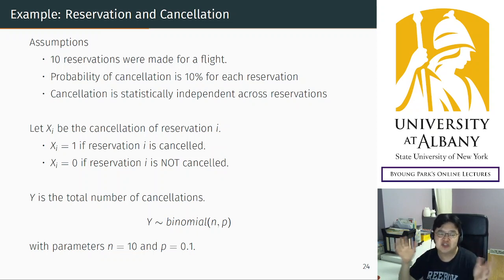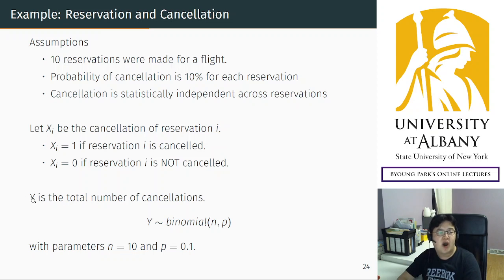I don't make any judgment. So even if cancellation is not good for you, I'm going to call it success because we are learning statistics, and statistically, I don't care if cancellation is good or bad. Anyhow, we promised to write 1 if it's cancelled and 0 if not cancelled.